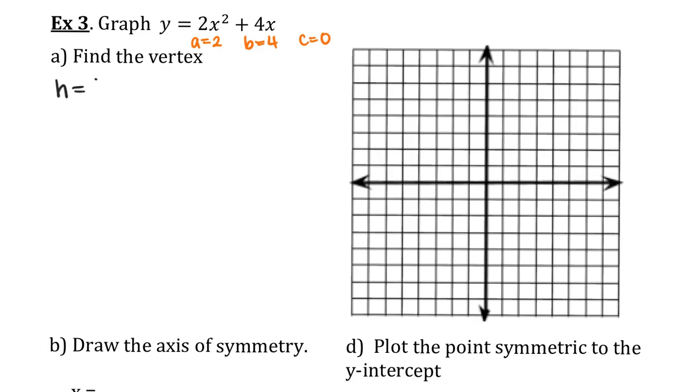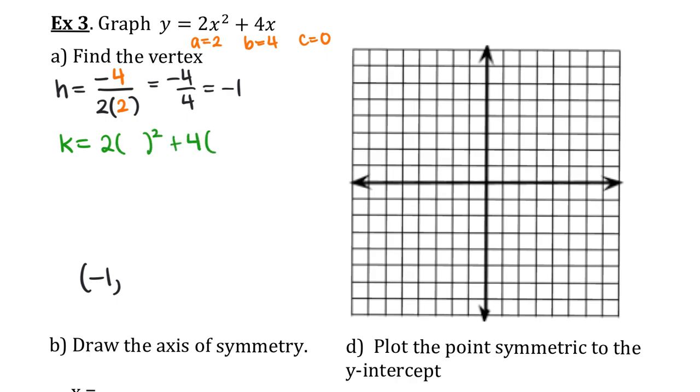Okay, h equals -b over 2a. So -4 divided by 4 is -1. So the vertex is -1, comma, to get the y-coordinate, k equals, or y equals 2x² plus 4x.